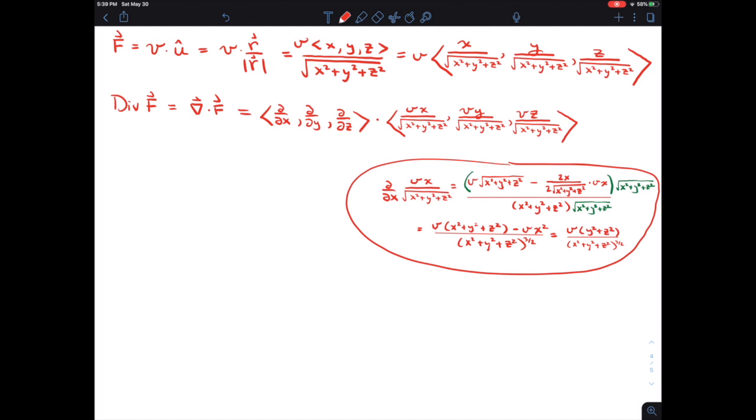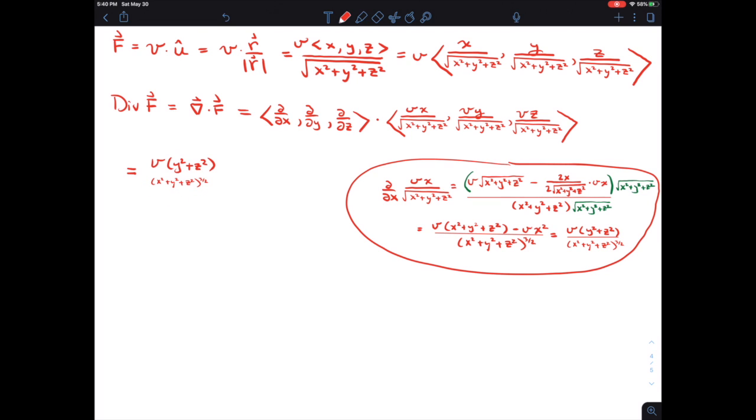So the way the divergence comes out is the partial of the first component with respect to x gets that v, and it gets the y squared plus z squared. And that denominator here, I'm going to just copy underneath it.